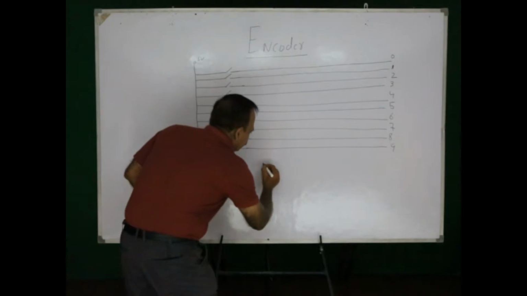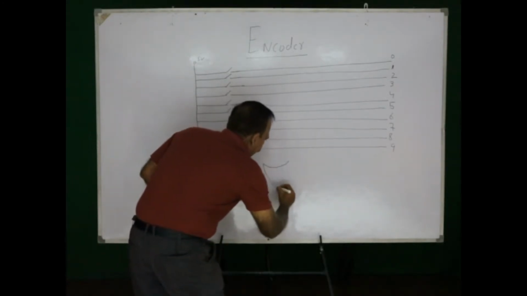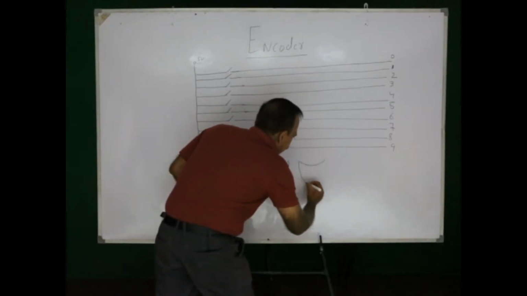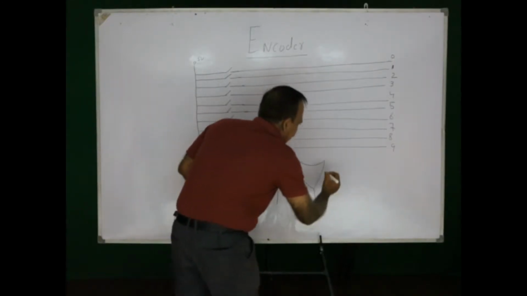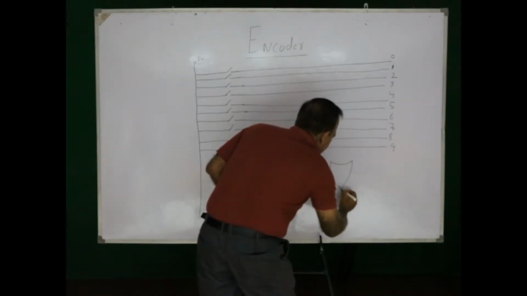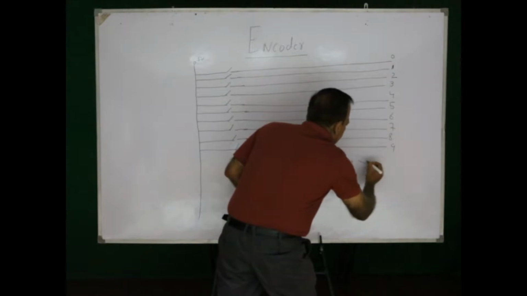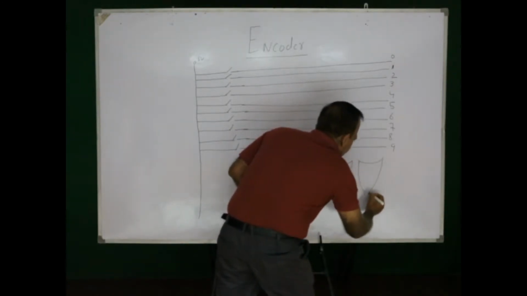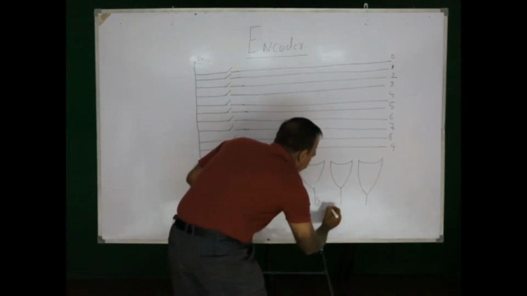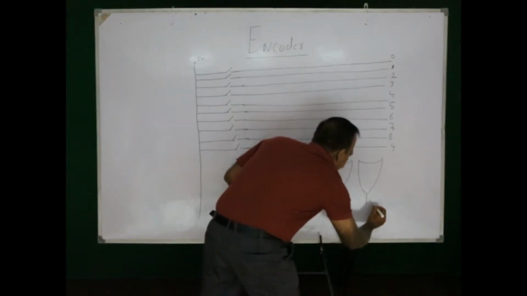Now we are using OR gates here. As I explained, the property of the OR gate is, if any of the input is high, the output will be high. Now the outputs of these OR gates will be representing the final binary number Y3, Y2, Y1 and Y0.